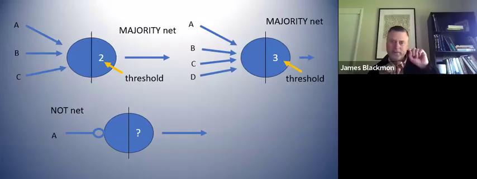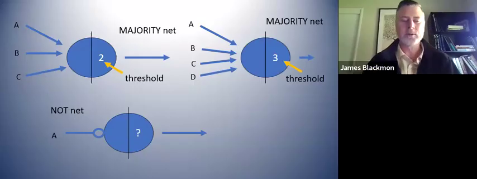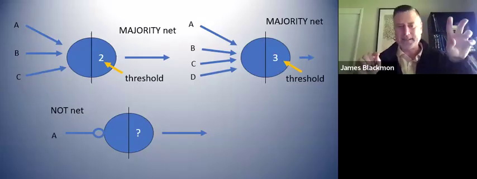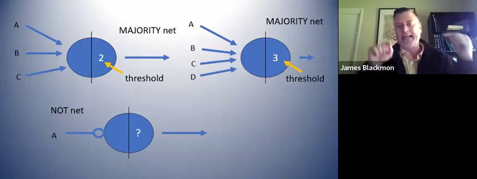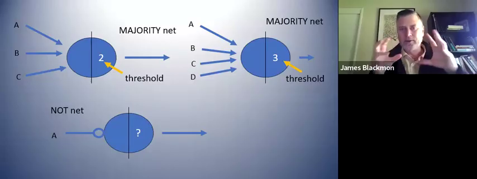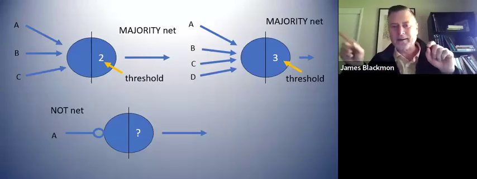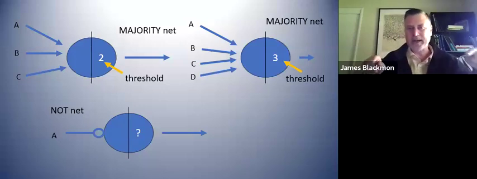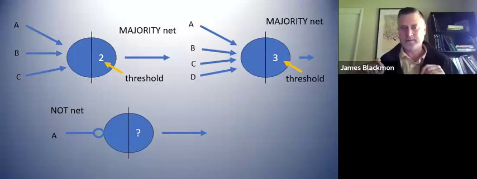Not does not have an arrowhead at the end. It has a ring, and that means inhibition, which means that when A is active, then it inhibits this net or McCulloch-Pitts neuron. So the neuron, if it wants to fire, then the activation of A makes sure that it doesn't.